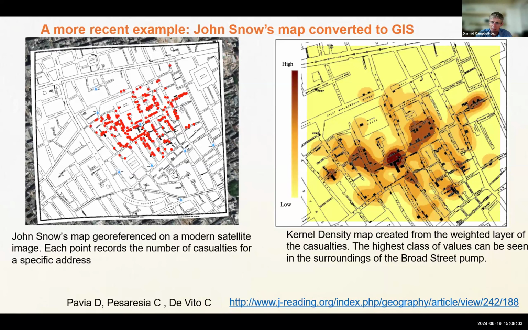So we think of it as one of the earliest forms of GIS analysis. So the power of the tool has been appreciated for a very long time.